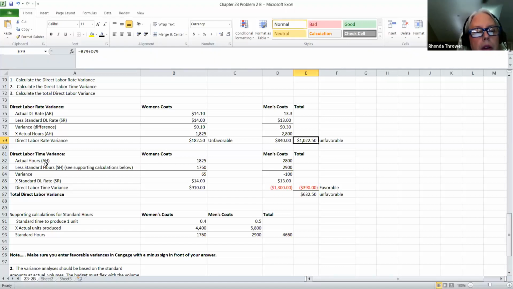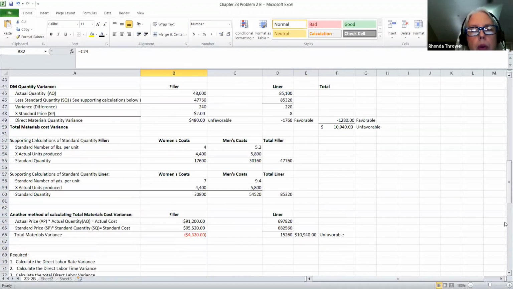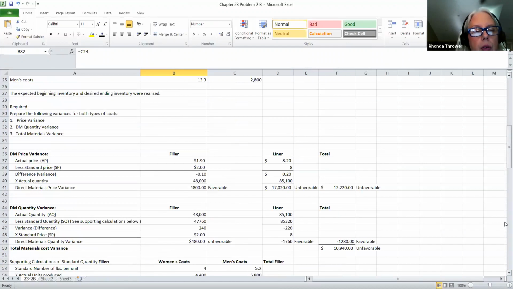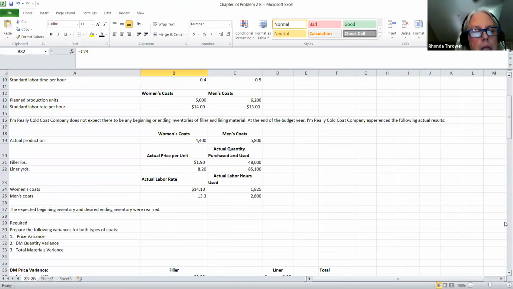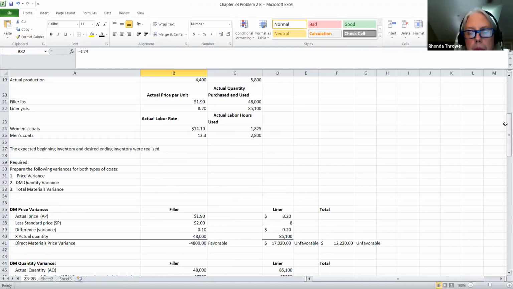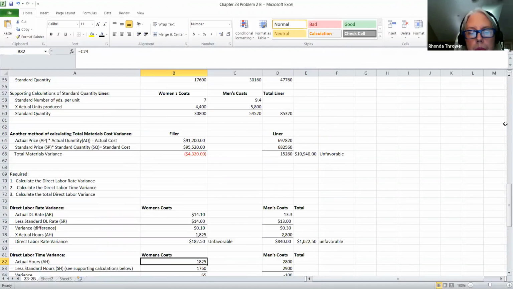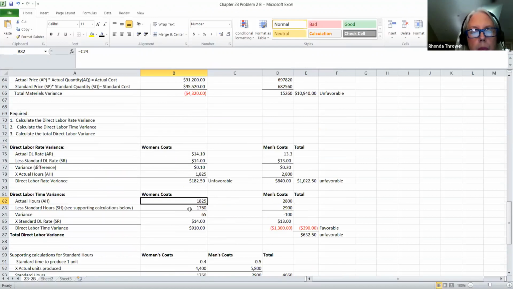We're going to start by taking our actual hours, our direct labor time variance, actual hours that we begin with were given to you. Your actual hours were 1825. We're going to compare it with our standard hours.